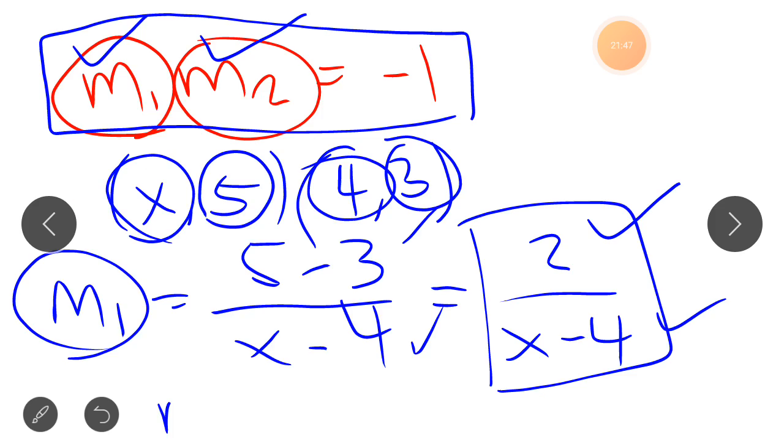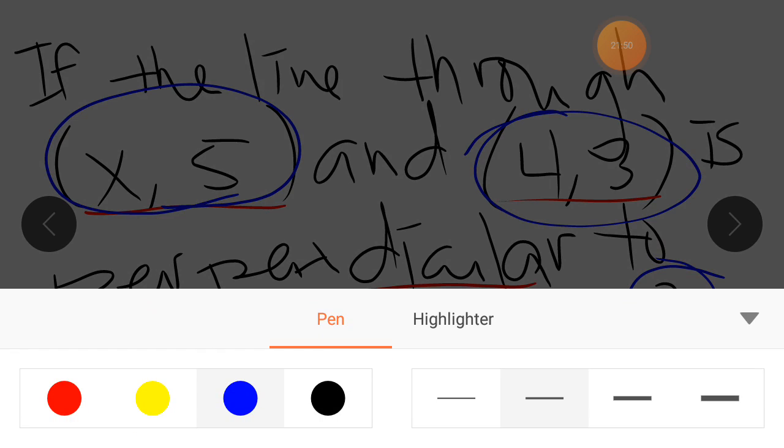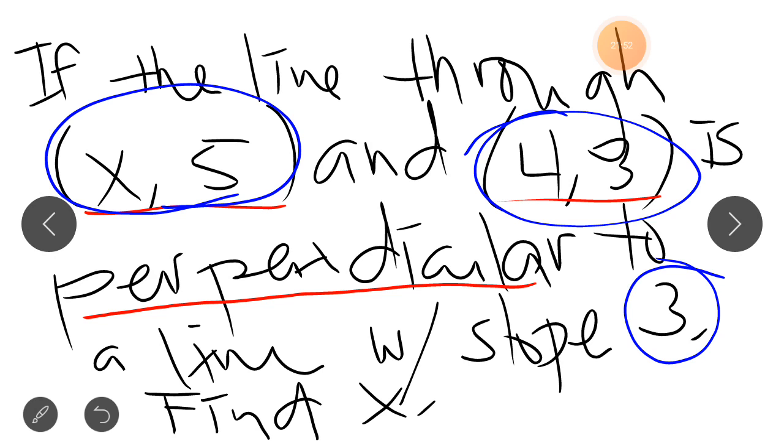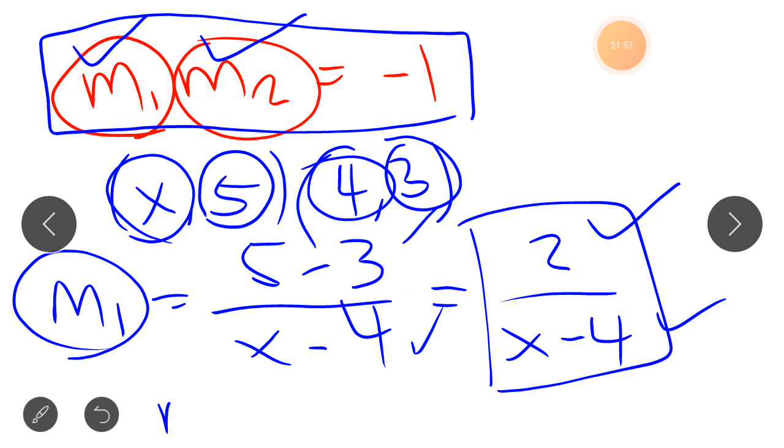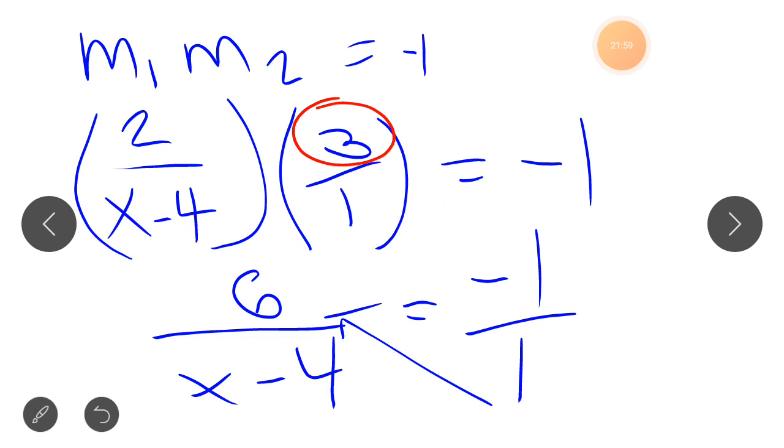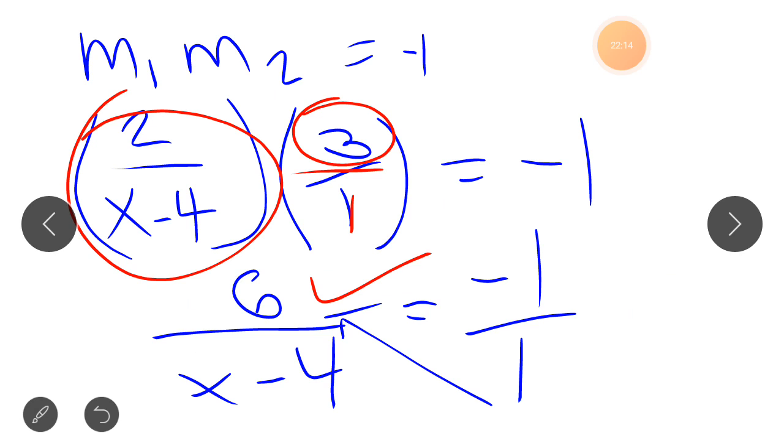For line 2, it's already given here. Perpendicular to a line with slope 3. So that means the slope of line 2 equals 3. Then substitute, m1 equals 2 over x minus 4, m2 is 3. Just to make them both fractions, we put denominator 1. So 2 times 3 is 6. 1 times x minus 4, x minus 4 equals negative 1.